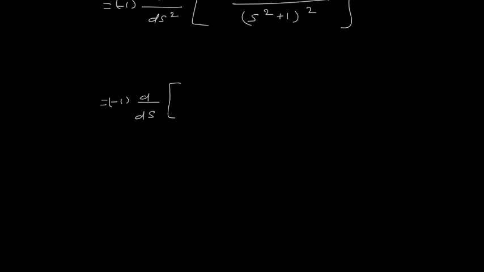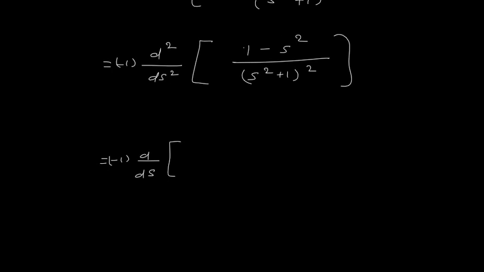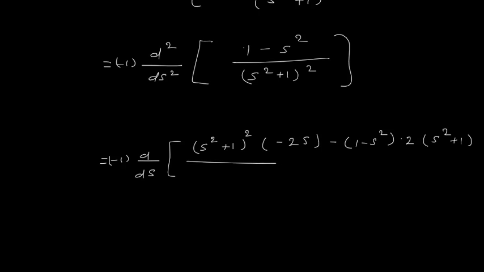So it is s square plus 1 the whole square into, I have to differentiate this part. So derivative of this part is minus 2s. Minus, I will take 1 minus s square and I have to differentiate this, so it will be into 2 into s square plus 1 and whole divided by s square plus 1 the whole square.